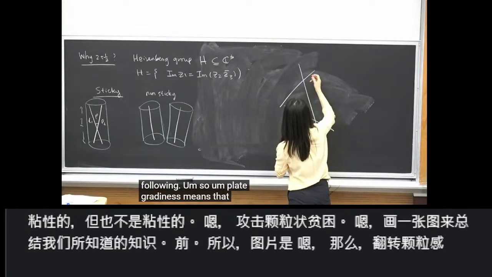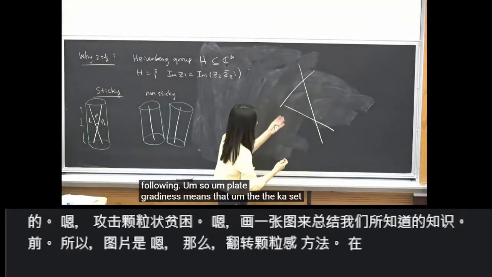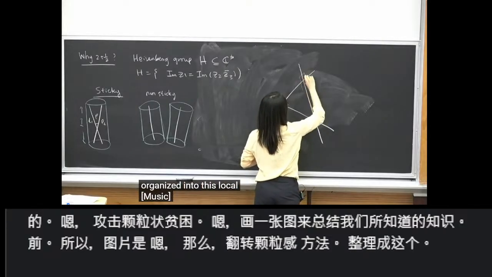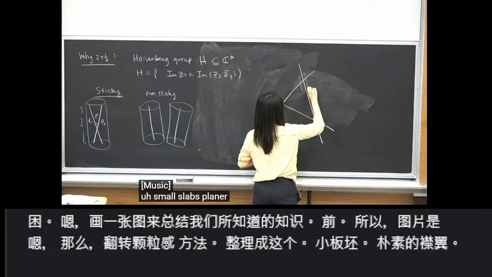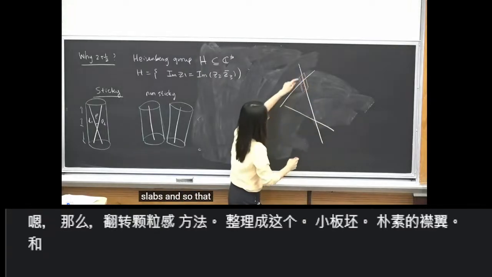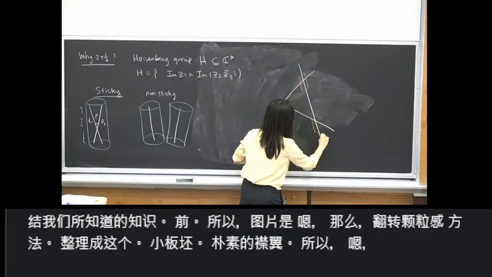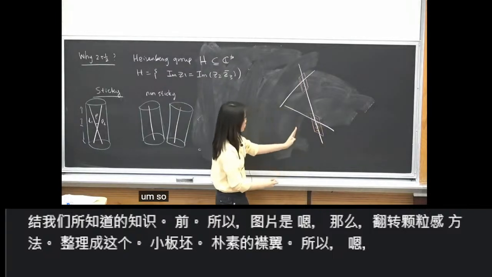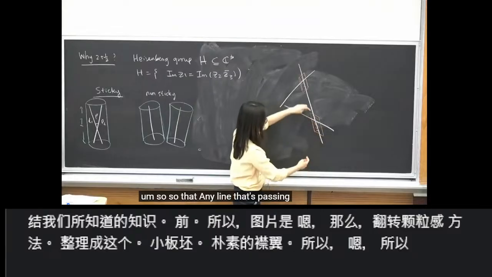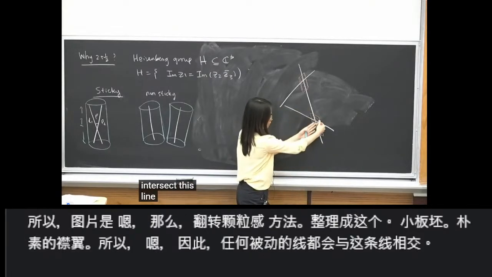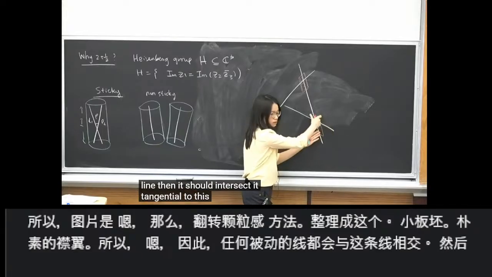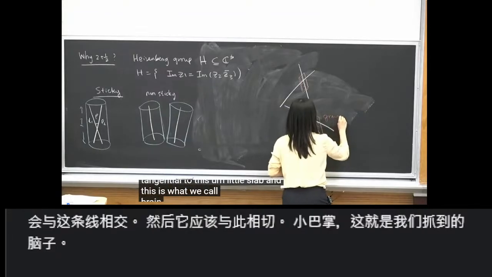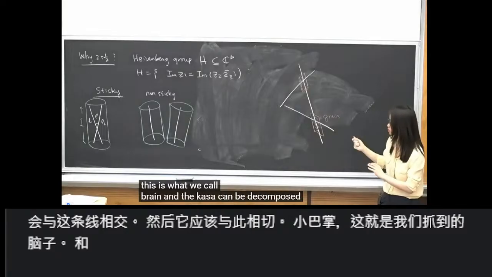Graininess means that the Kakeya set is organized into small planar slabs, so that any line that intersects this line should intersect it tangentially to this little slab, and this is what we call a grain. And the Kakeya set can be decomposed into a union of slabs.